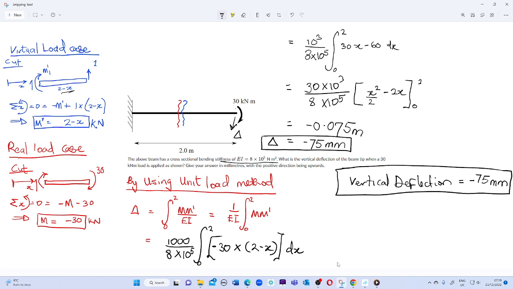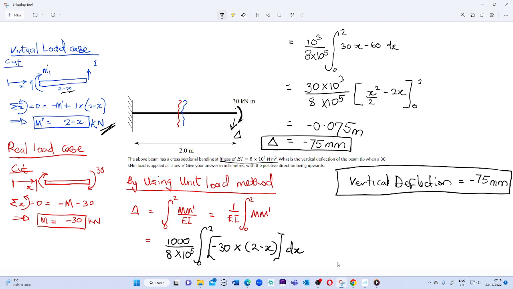Now the summation of the moment from the section cut x becomes negative virtual moment plus 1 times 2 minus x. So therefore, our virtual moment gives us 2 minus x kilonewton.